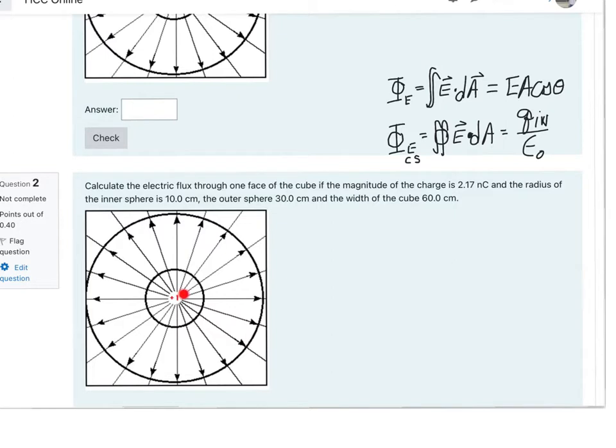The flux through the cube, we're going to get the same way: Q inside divided by epsilon naught, that'll be the total flux. But since it's a cube, and since the charge is at the center, the flux will come out evenly through all 6 faces. So you just need to take 1/6 of whatever you calculate for the flux using Gauss's law.